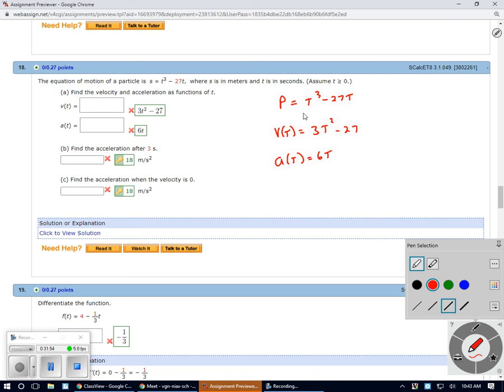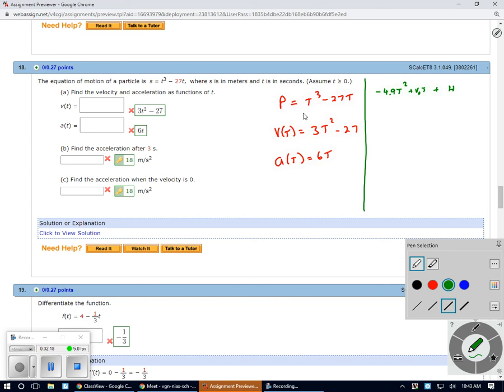On a side note, if you took physics or physical science, you will know that the position of an object in free fall is negative 4.9 t squared plus the initial velocity times t plus the height.